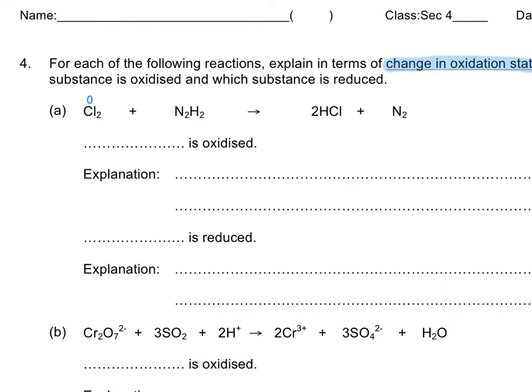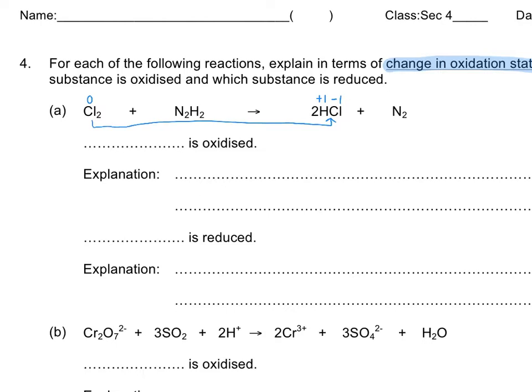And then Cl2 will form HCl. So let's look at the oxidation state of Cl in HCl. Hydrogen is positive 1, therefore Cl will be negative 1. Okay, this is very clear cut.